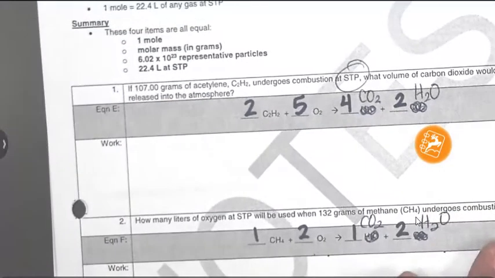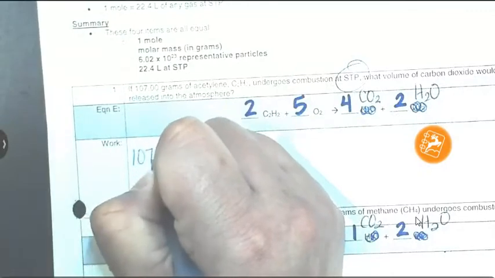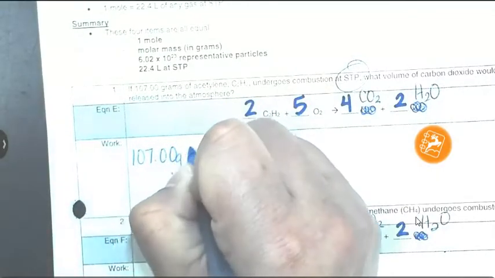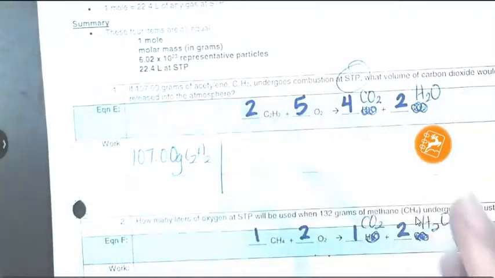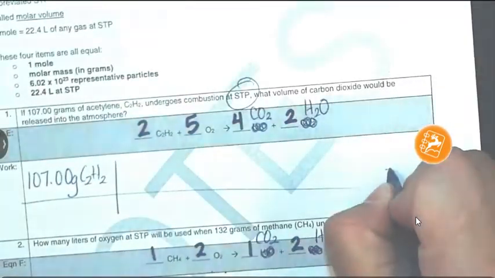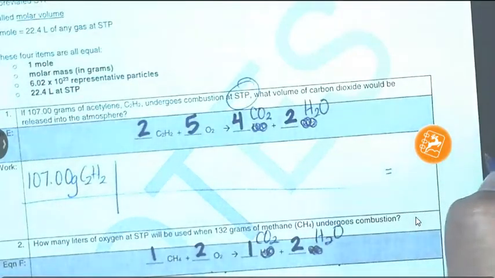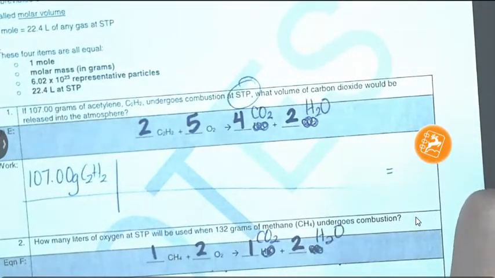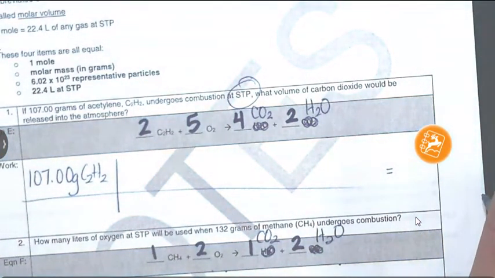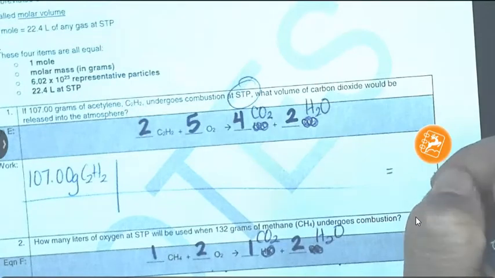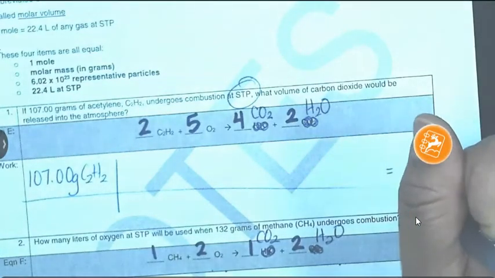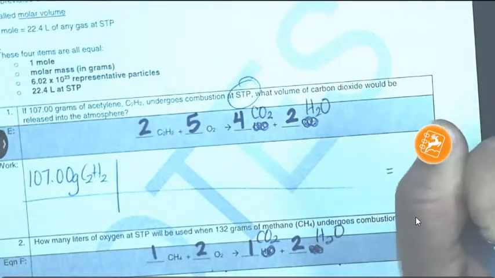So I'm going to start with my given. 107.00 grams of C2H2, set up my workspace, and that's going to be equal to volume of CO2. What unit should I put for volume? Liters? Right? Liters of CO2.